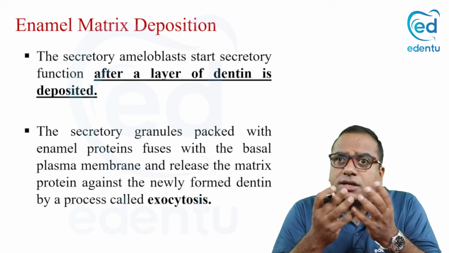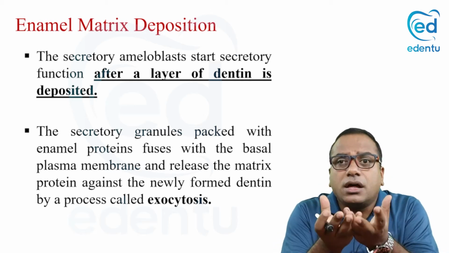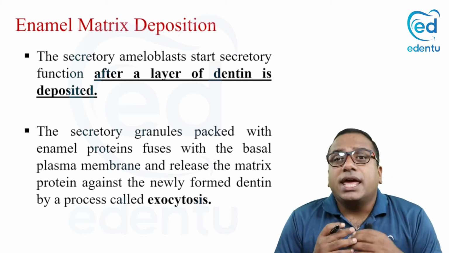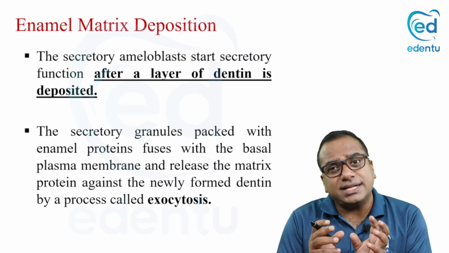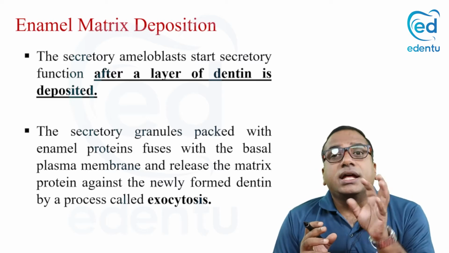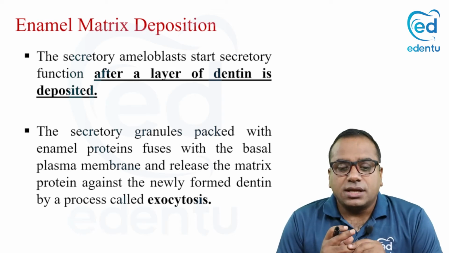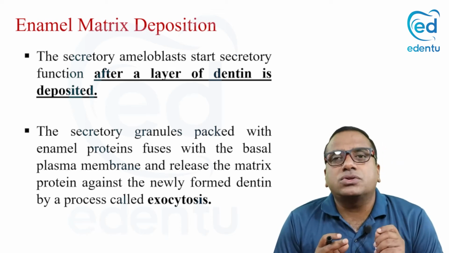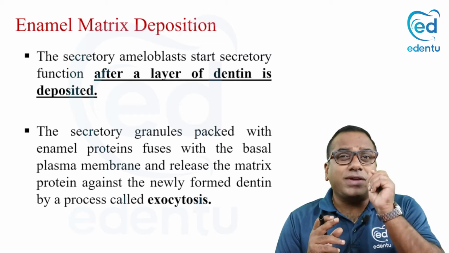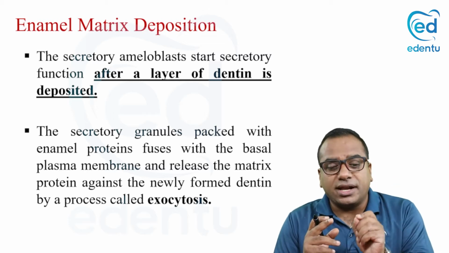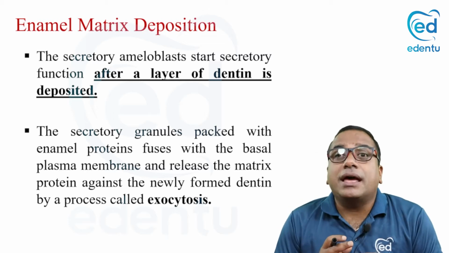They just spit it out, just like exocytosis. Exo means outside. So the cells will just expel the granules which are rich in these proteins, and that process is called exocytosis. By means of exocytosis, the secretory granules liberate enamel protein.